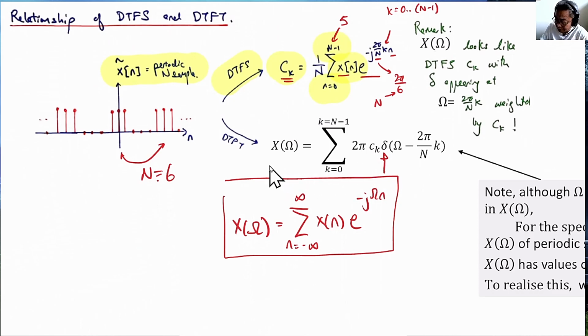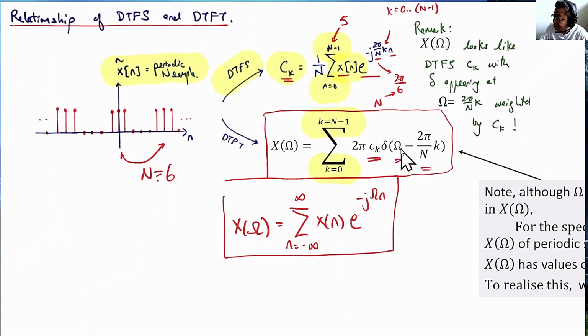Let us see how we will express the DTFT of the periodic sequence using this formula over here. So simply, this is a trick. The trick is that we would compute the c_k's as in the DTFS and plug them into this representation for the DTFT. So we do not compute the DTFT directly from this equation. We compute the DTFS, plug in the c_k's, multiply by 2 pi, and multiply by the delta for different frequencies.